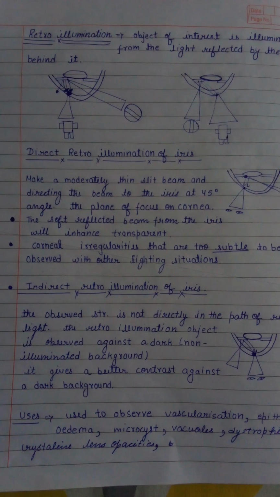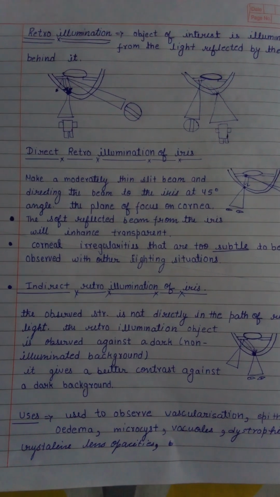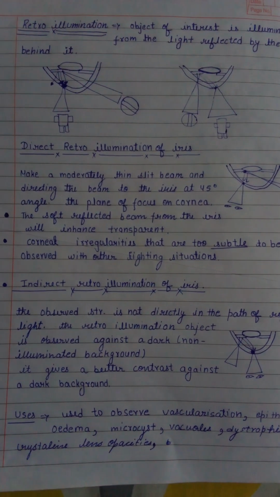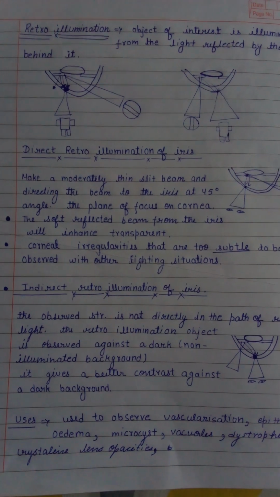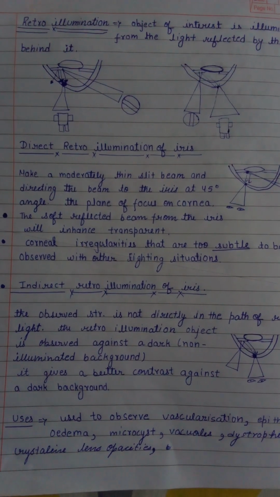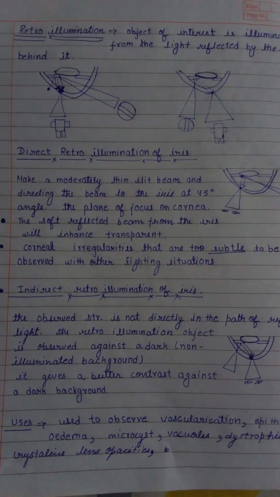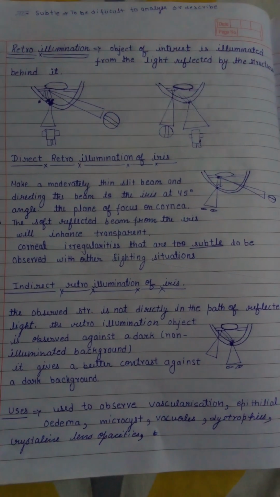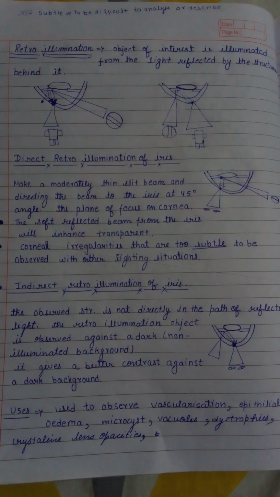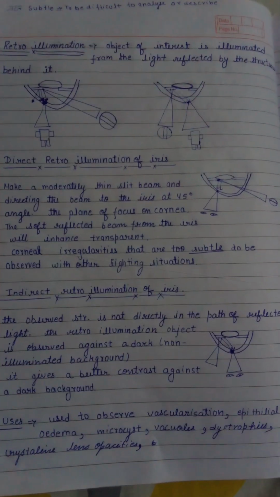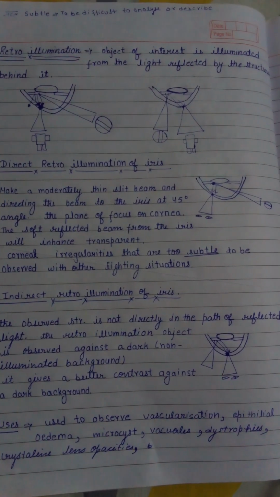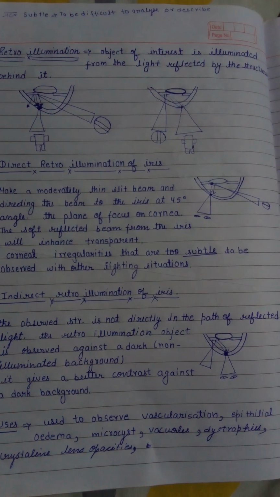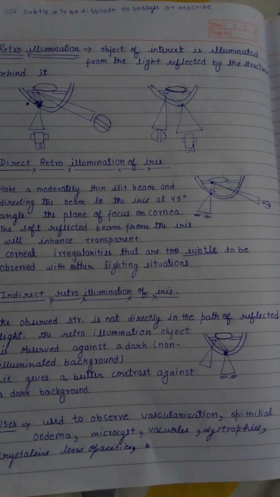In the previous video we discussed specular reflection and the Purkinje image, and in this video we will discuss retroillumination. In retroillumination, the object of interest is illuminated by light reflected from the structures behind it. So we put the light behind the structures which are present behind the object.